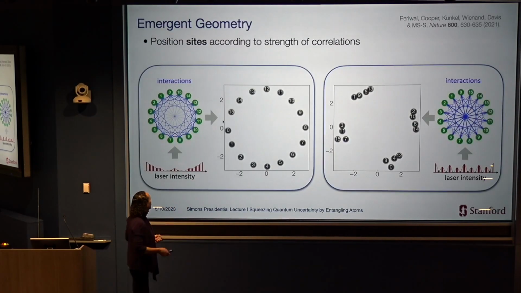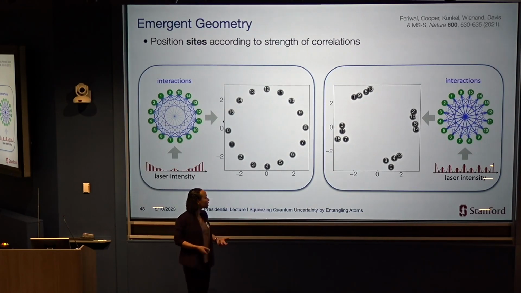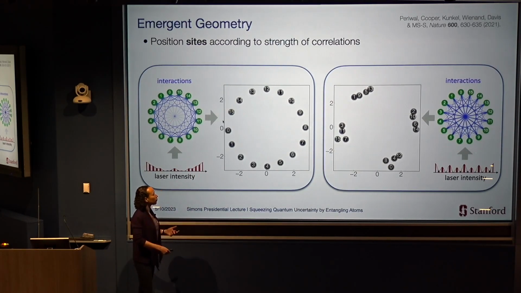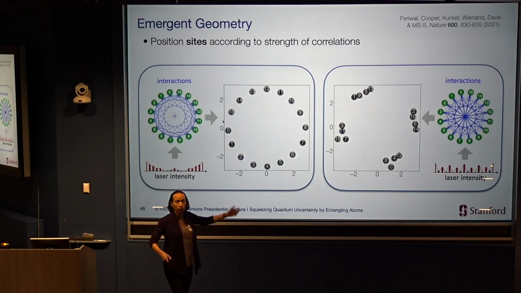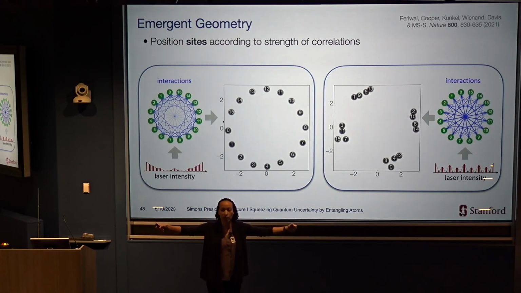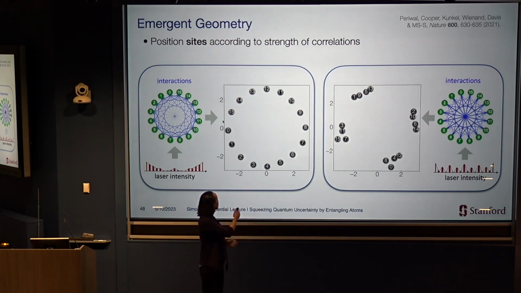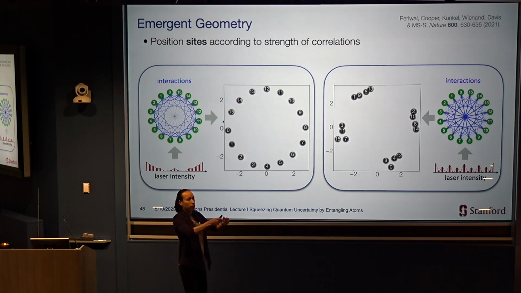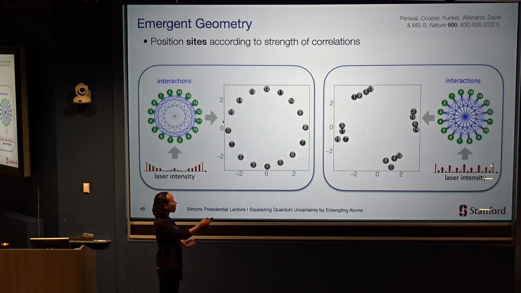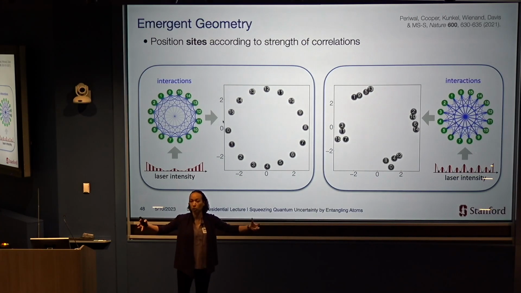And it turns out when we engineer that graph of interactions, we can draw a picture like I did before, where I program in some structure of interactions, and I measure correlations in the system. And I'm going to plot the sites. They're numbered here according to the physical position in the lab, but I'm going to plot them near each other if the correlations between those sites are strong.